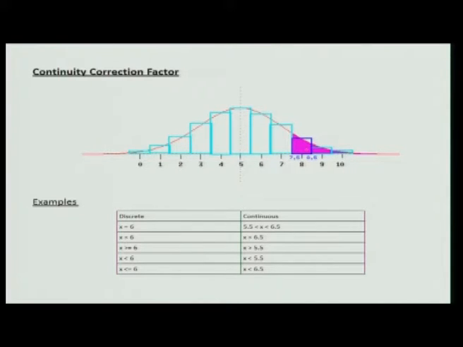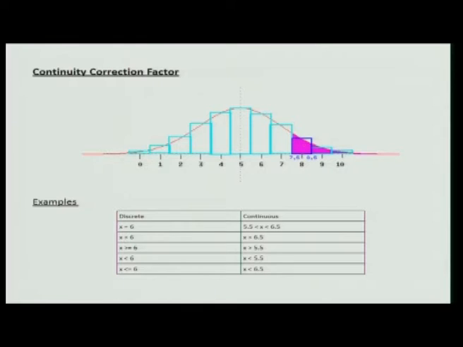Okay. For the continuity factor, you will do it from 7.5 because you want to include the area at the point 8. The probability represented by this bar should get added to your estimate, right.